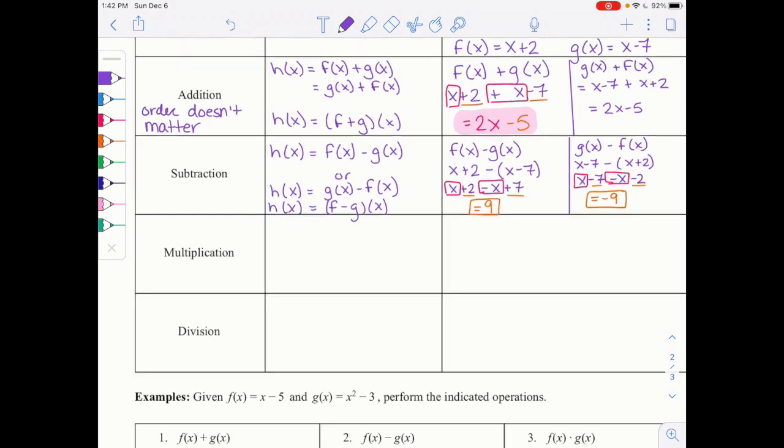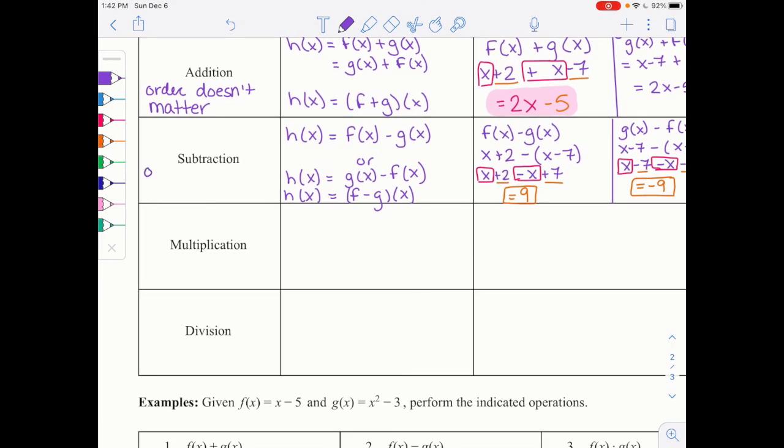For subtraction, order does matter. And you also need parentheses around the second function every time you use subtraction.